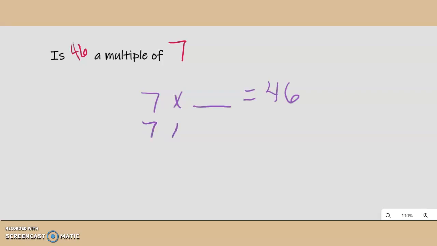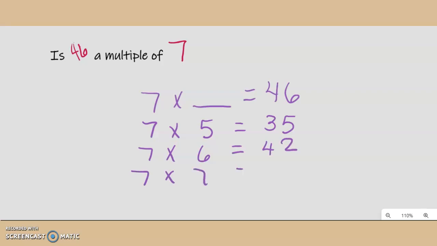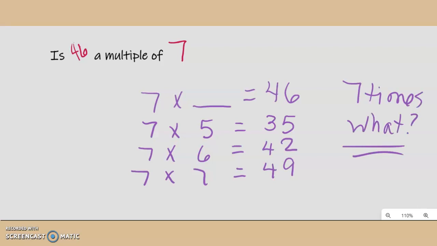Well, I know that 7 times 5 equals 35. That's close. And I know that 7 times 6 equals 42. And 7 times 7 equals 49. So I know that this will never happen. 7 times what equals 46?